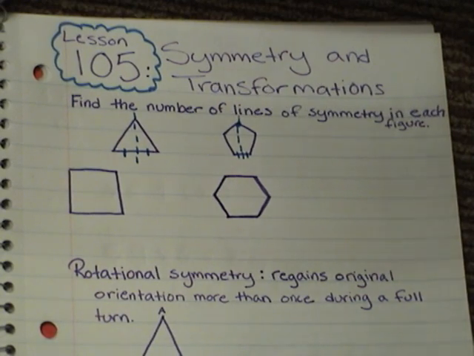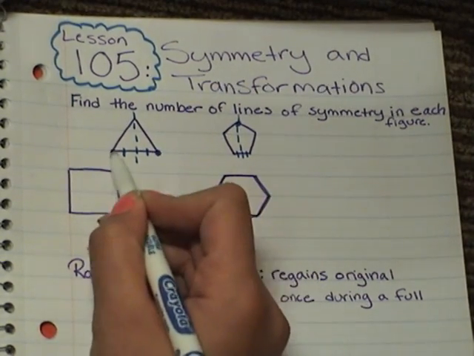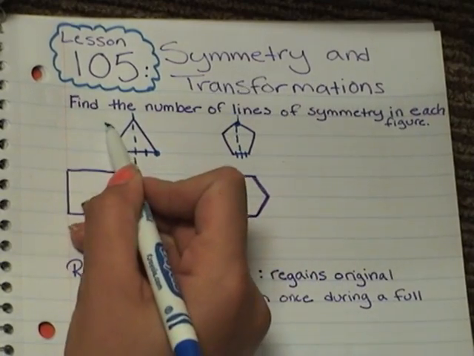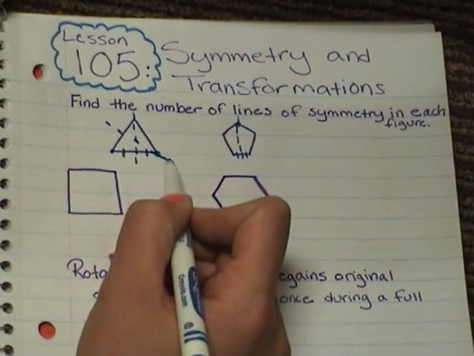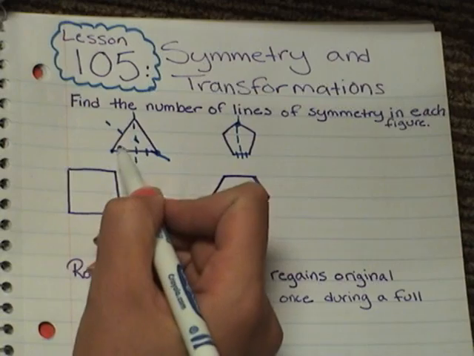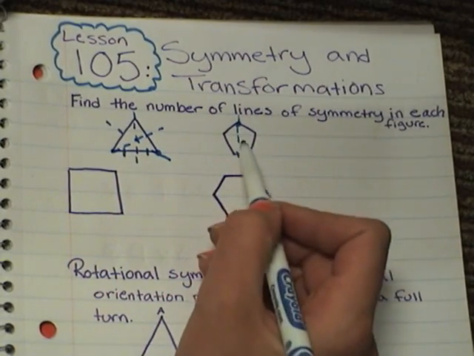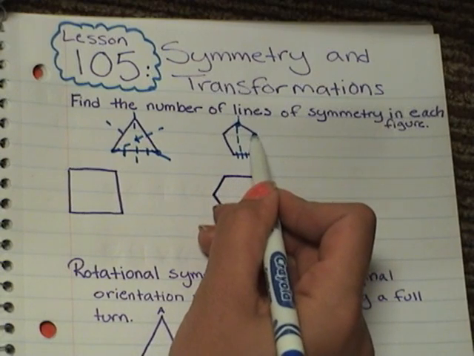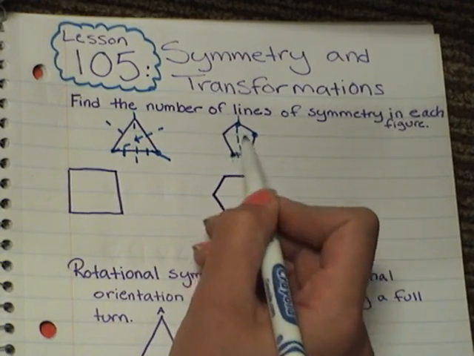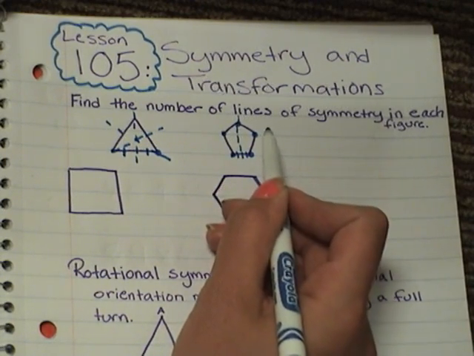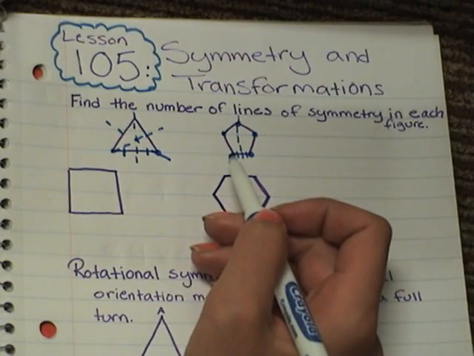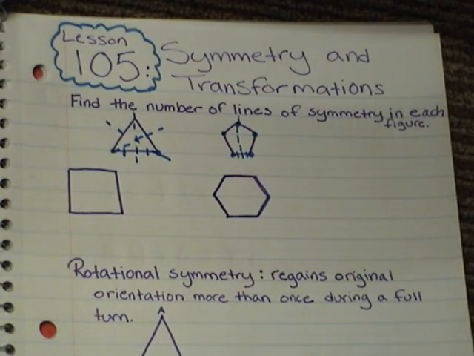Okay, so here's another vertex where your two lines meet. So we can find a line of symmetry going through this vertex, so a line right here, then also this vertex going over here. And on this polygon too, we're going to have a lot. Here's a vertex, a vertex, a vertex, and a vertex. So we have lines going through each of these that would also be a line of symmetry.